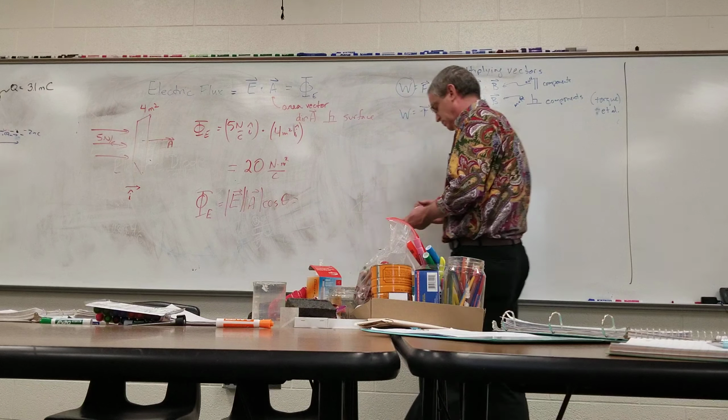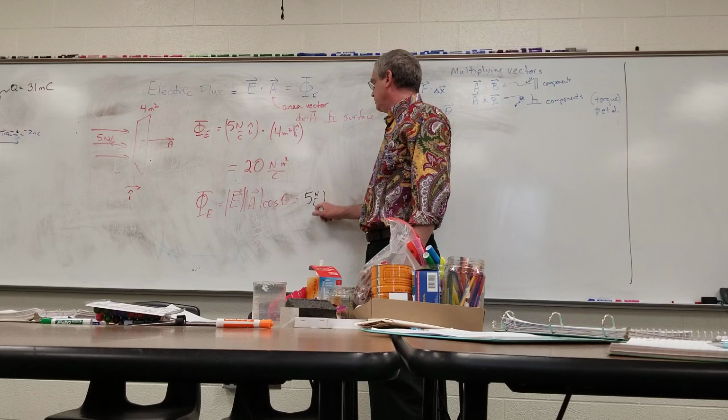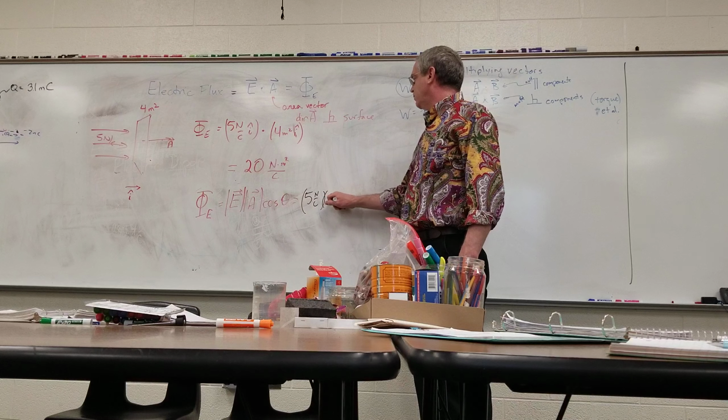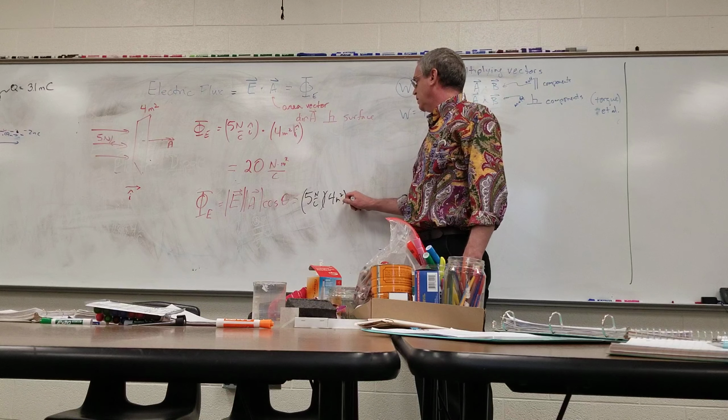Which would be 5 newtons per coulomb times 4 square meters times the cosine of 0 degrees. However, there is a second answer. What is the second answer? That would also be just as correct.